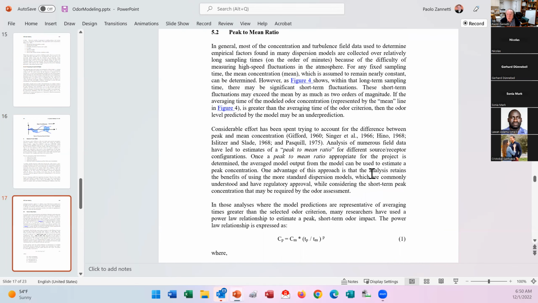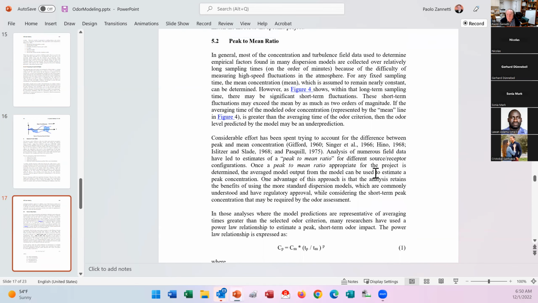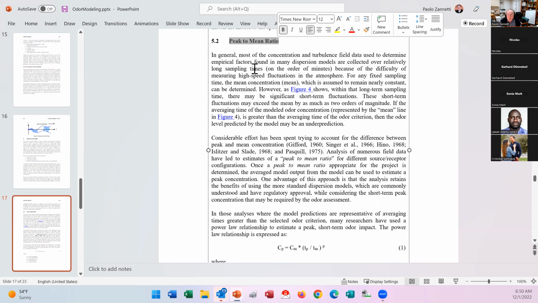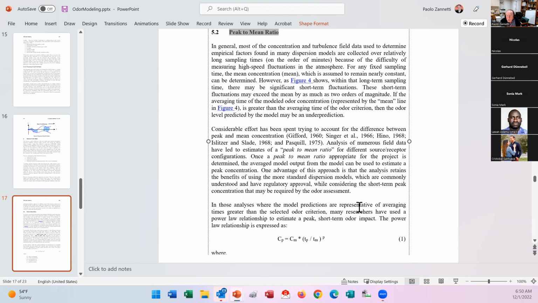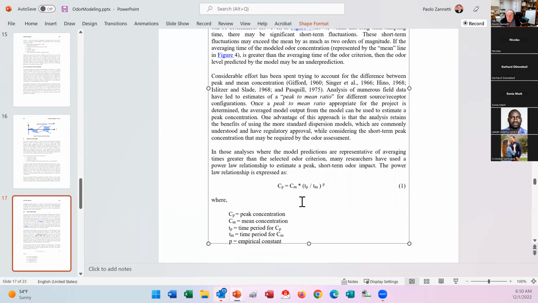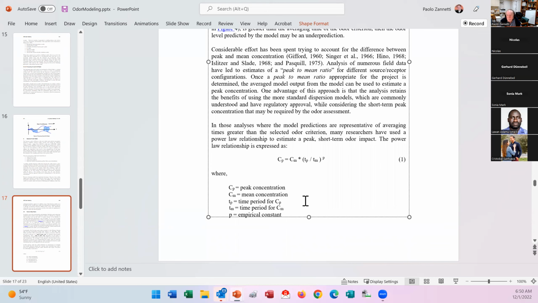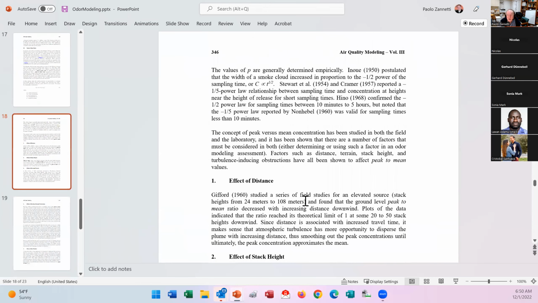This is the peak to mean ratio that I discussed a minute ago, the factor of 1.6. This is very important. The model is giving you the mean over the hour. You need to know the peak during the hour. There are several formulations that I'm not going to spend much time on that allow you to calculate this factor.